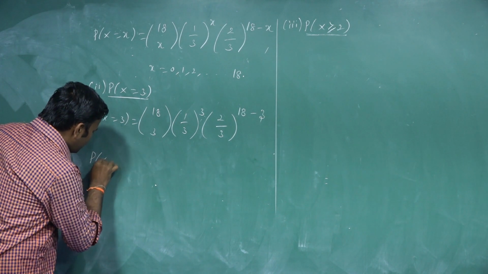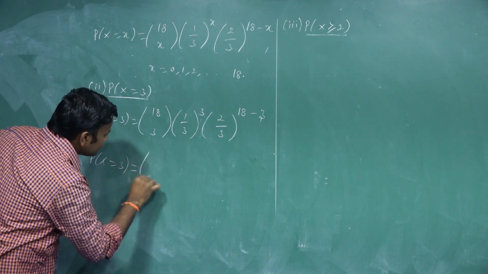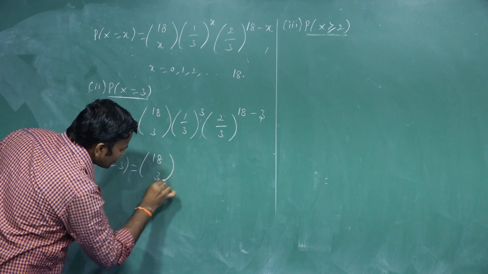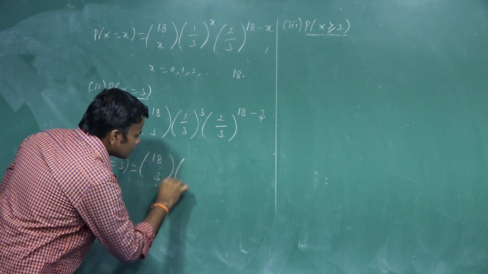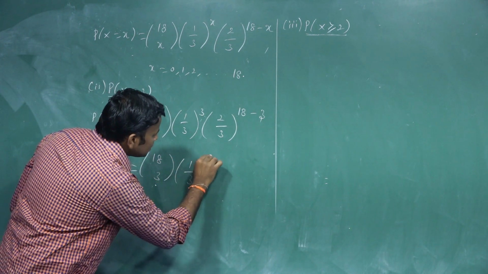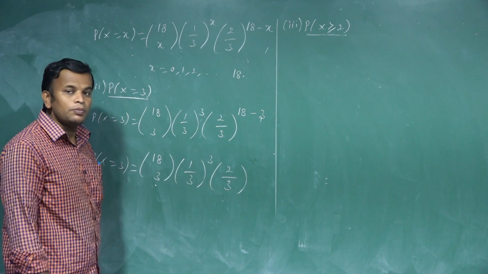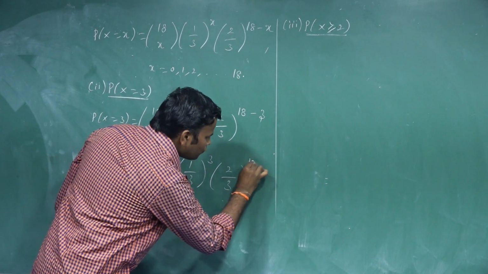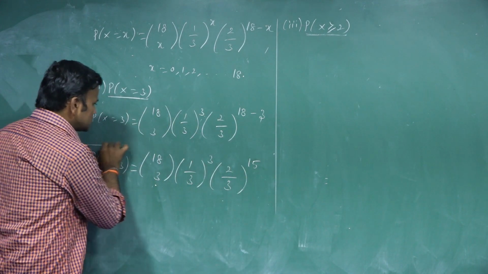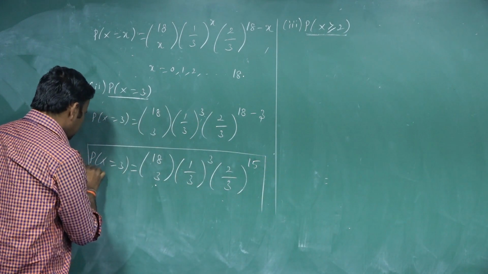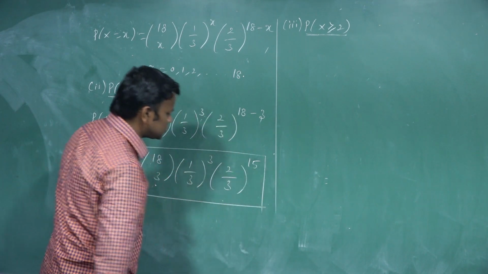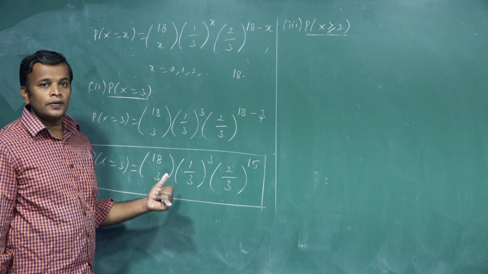So P of x is equal to 3 is 18C3 times 1 by 3 the whole cube and 2 by 3 whole power 18 minus 3, that is 15. So it is the answer of the second subdivision.